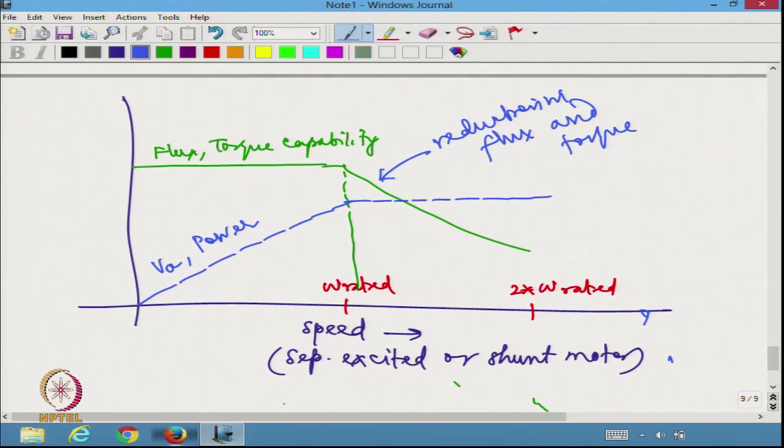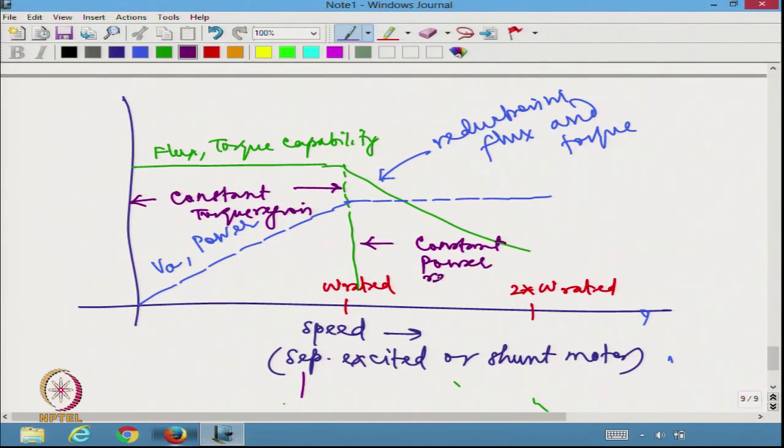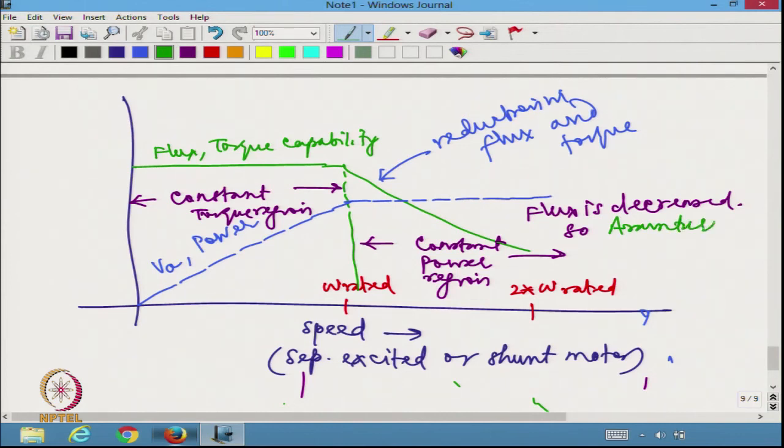So, I would say this region is the constant torque region and this region is the constant power region. At this point the flux is decreased, so armature reaction will show stronger effects.